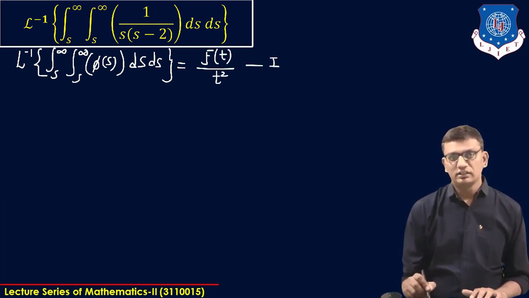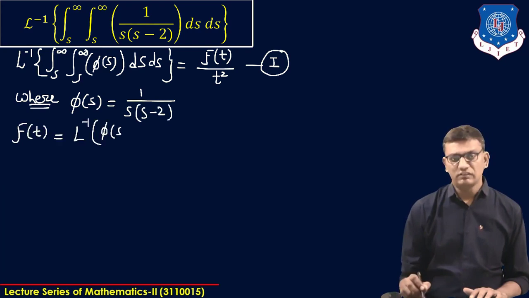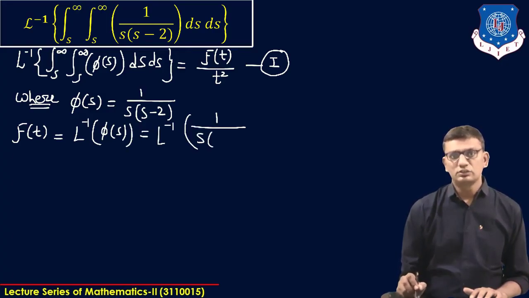Now result number 1 is ready. Now phi of s is equal to 1 upon s into s minus 2, and ft equals L inverse of phi of s. That implies L inverse of 1 upon s into s minus 2.